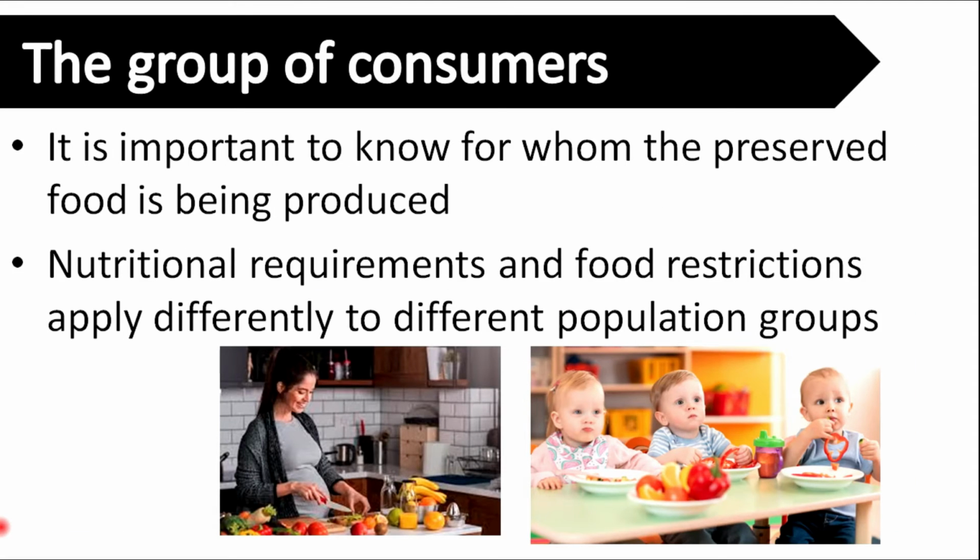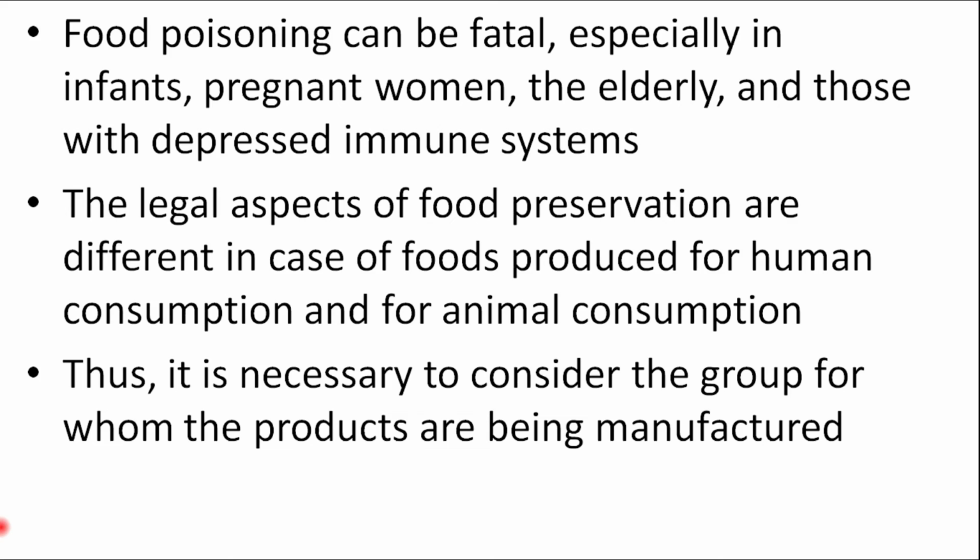Finally, it is important to know for whom the preserved food is being produced, because nutritional requirements and food restrictions vary according to the population. As an example, food poisoning can be fatal, especially in infants, pregnant women, the elderly, and those with depressed immune systems.